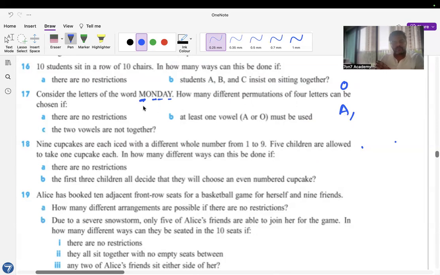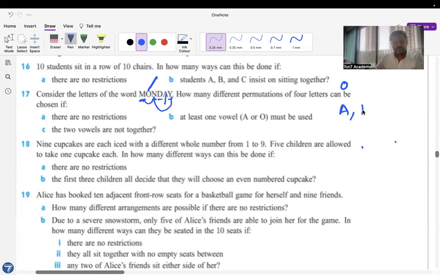So 3 more you have to select out of 4. A you're taking, O gone. So how many remain? 3 more you have to select. So 3 out of 3 you have to select, so one way. There was also D, so there are 4 others.